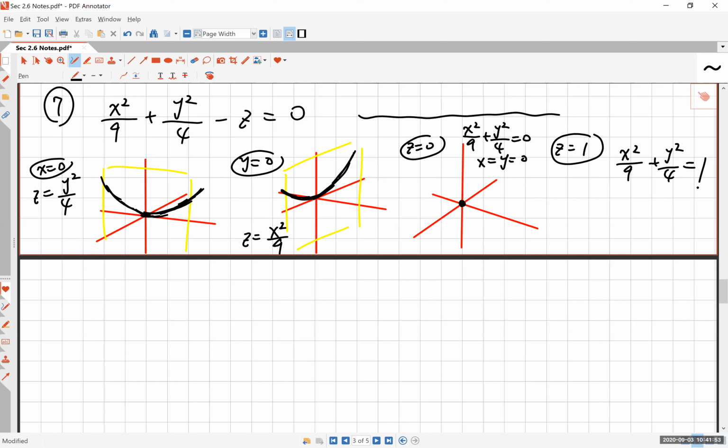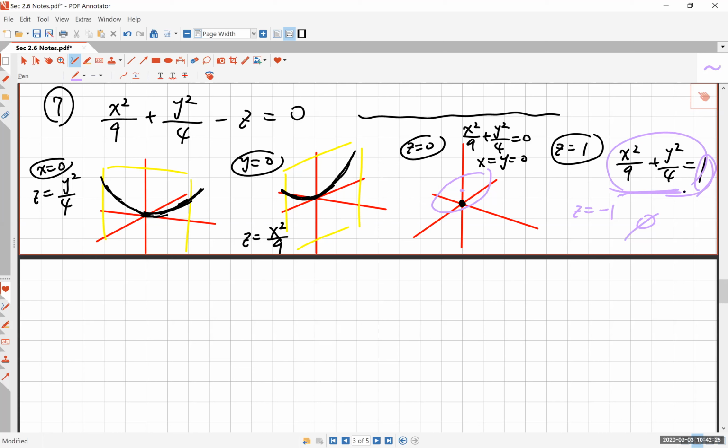That's an ellipse, right? If I were to draw this ellipse here, again using purple, this happens slightly above the origin. And in the x direction you go 3 units, y direction you go 2 units. It'll be an ellipse like this. And when z is equal to -1, if you replace this by -1, well, that's not going to work. It's going to be an empty set because this side will be positive.